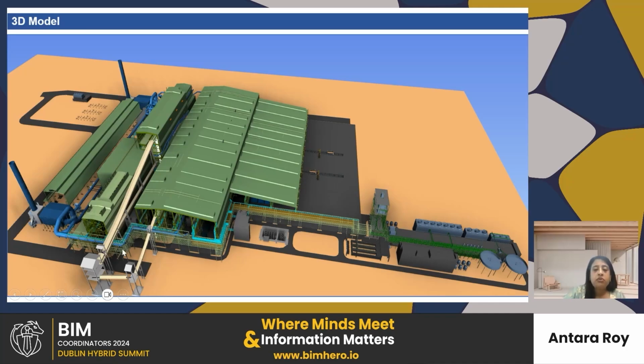Due to restrictions, I'm unable to show you the detailed things inside, but you can see all the complicated pipe racks and other structures, where this highway area is almost 60 meters high, and many erections need to be done inside that. So all 3D models are prepared and all the 2D drawings are extracted from there.